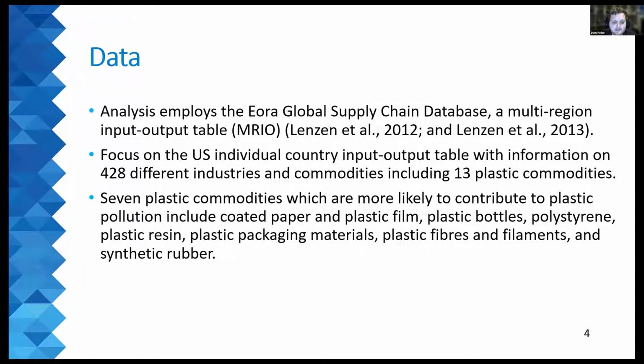Now, using the analysis from Ernie Cazzola et al., Moray Ferguson et al., and Gaia, Jambak and Law, along with other plastic pollution sources, we identified 7 of these 13 plastic commodities, which are more likely to contribute to plastic pollution.